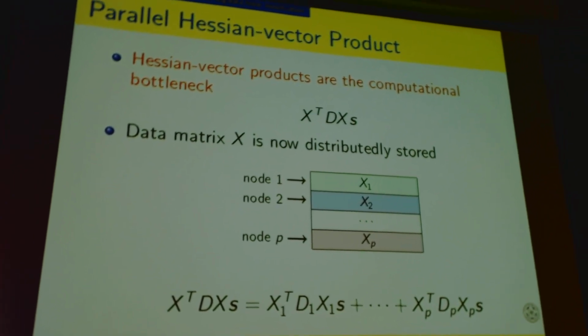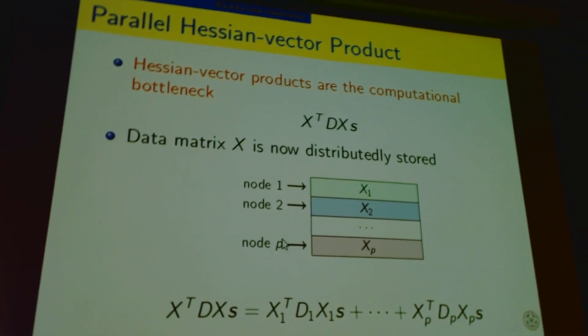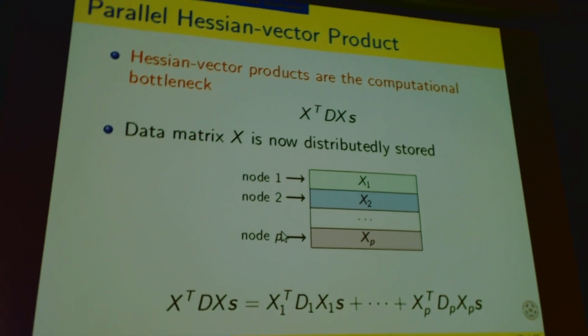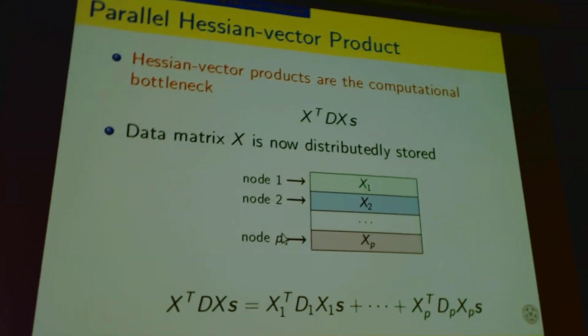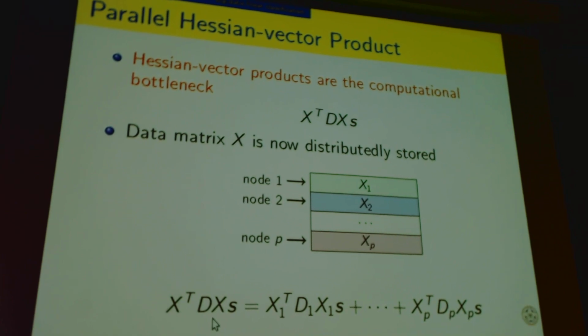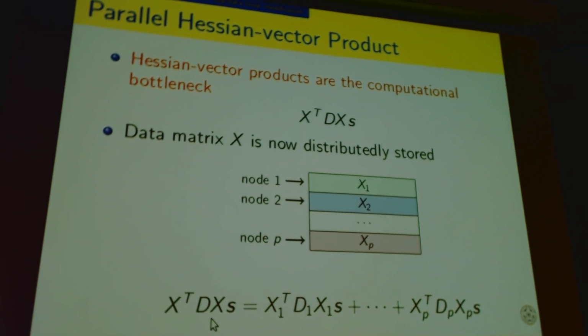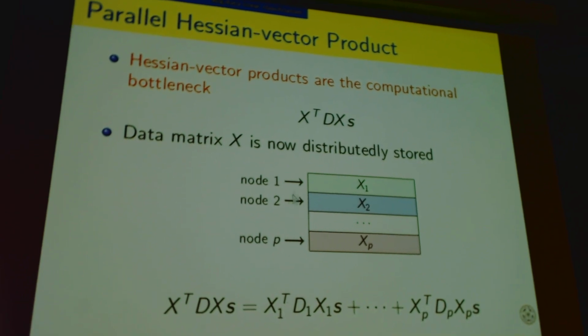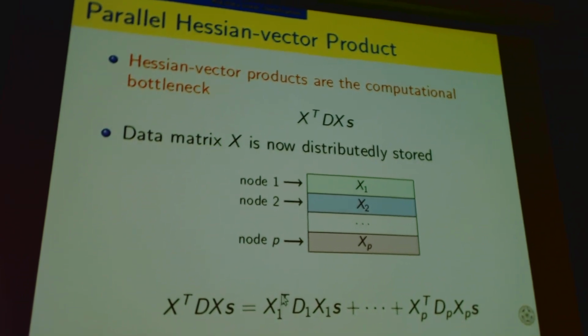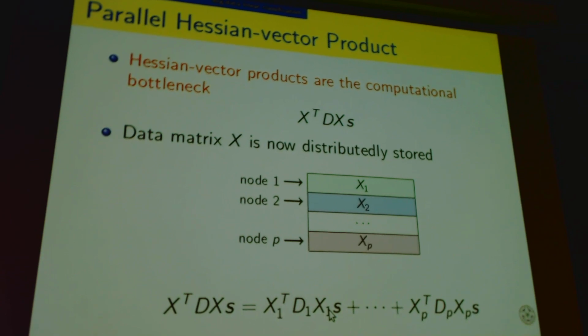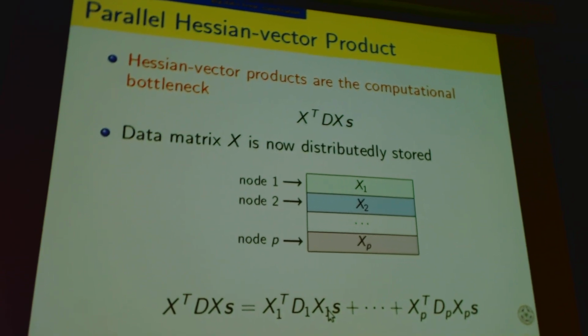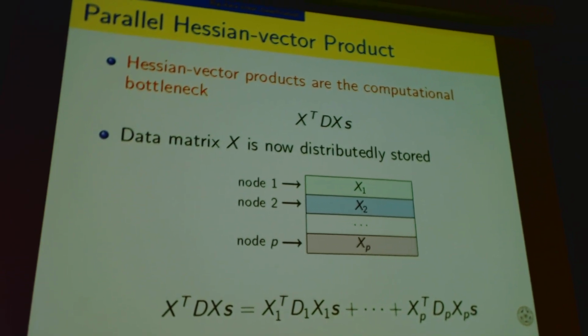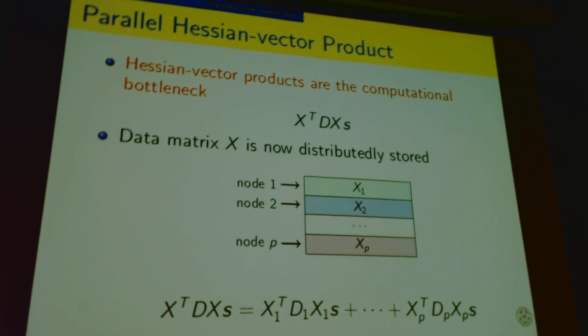So the idea is very simple. Your data matrix is now distributedly stored, say in p parts. So then the original Hessian vector product that you hope to calculate can be done so that the first node calculates part of the Hessian vector product. Then you do a reduce operation or an all reduce operation to get a sum. Yeah. So that is very easy.